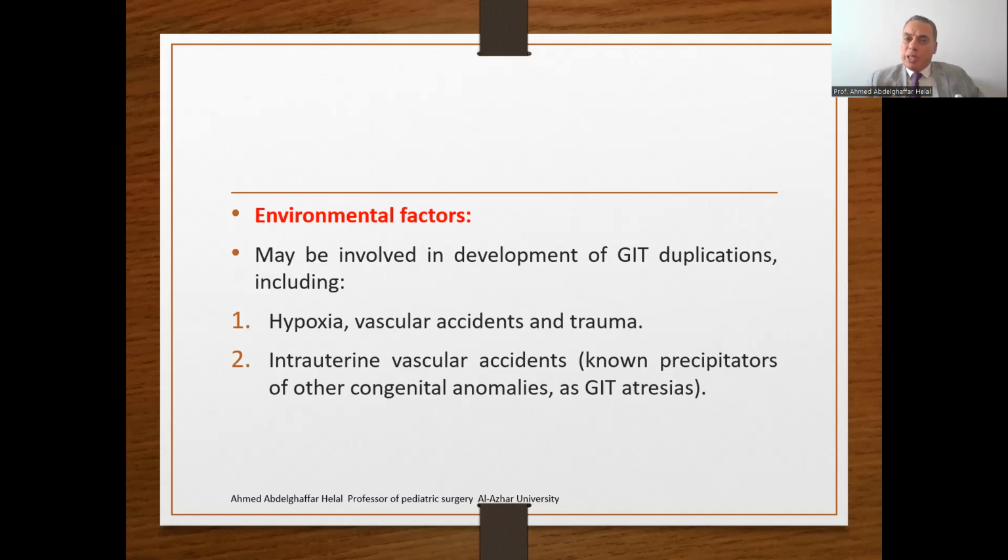No single theory could explain the formation or the development of gastrointestinal tract duplication. However, there is maybe partial twinning, maybe split notochord, maybe persistent diverticulum, maybe canalization defect, maybe environmental factors. All these theories may play a role in the formation of gastrointestinal tract duplication, maybe a single theory, maybe in association with each other.